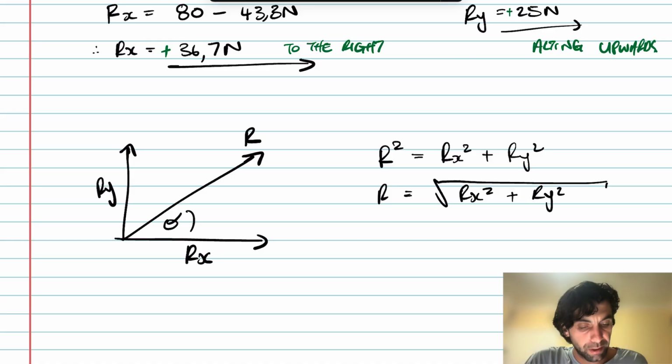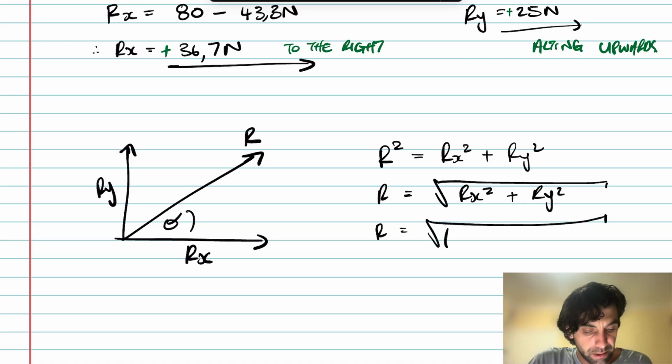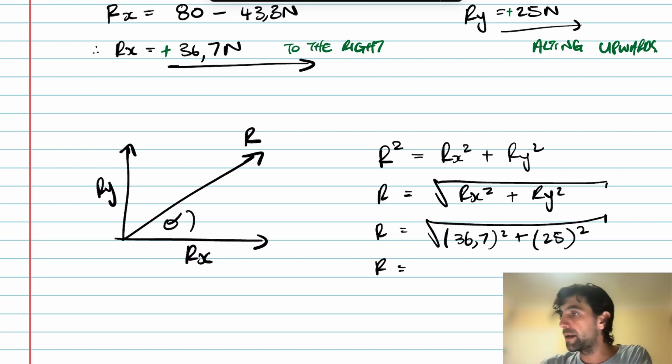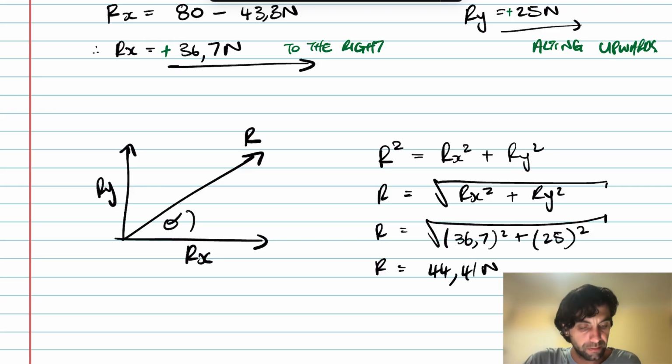Now I'm just going to plug in the values of Rx and Ry. We said that Rx was 36,7 newtons. Don't forget to square it. And Ry is 25 newtons. Don't forget to square it. And we'll find that our resultant force is equal to 44,41 newtons.